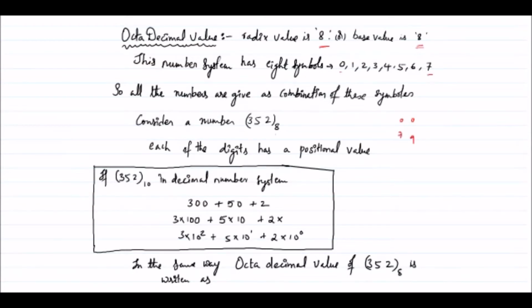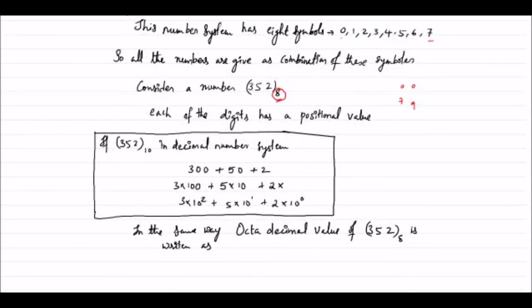Let us consider a number called 352, and this base is called the radix value. So this number 352 is representing the octal number. Each and every digit will be a multiple of 8, right?